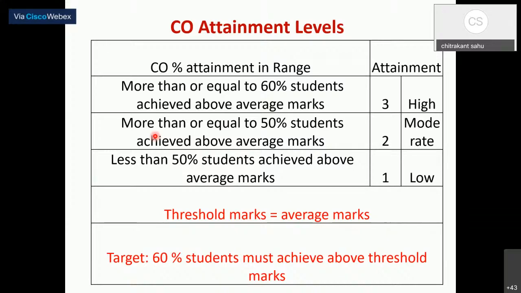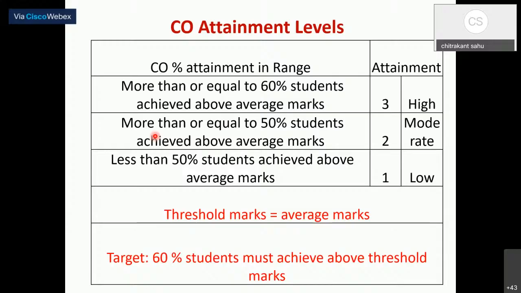Here I am considering the level of attainment is 3 only when more than or equal to 60% of students achieve above average marks. I am considering average marks as the threshold marks, considering all the examinations, including midterm, continuous evaluation, quizzes, and interim examination.